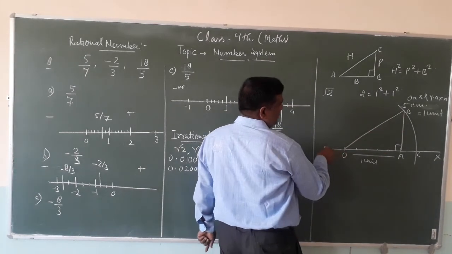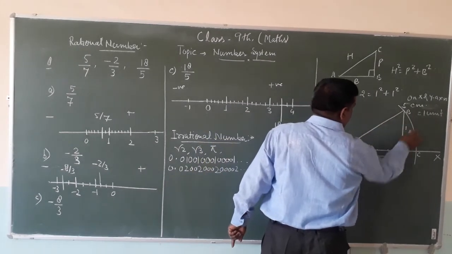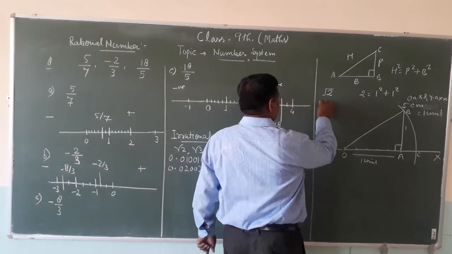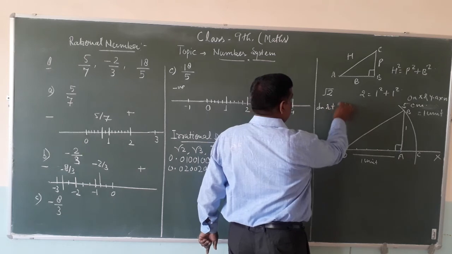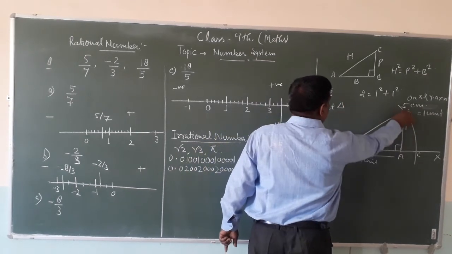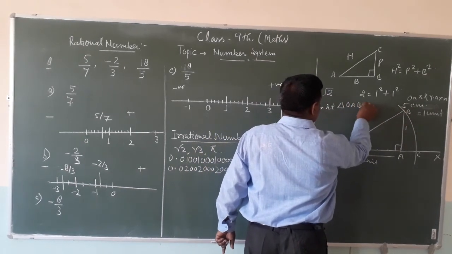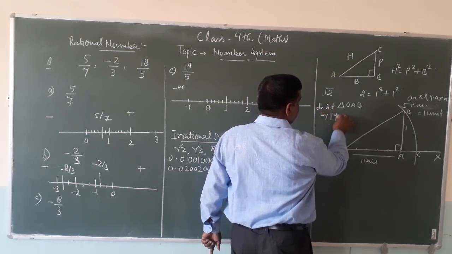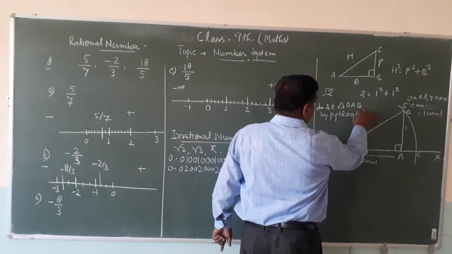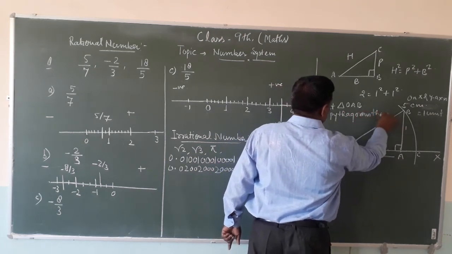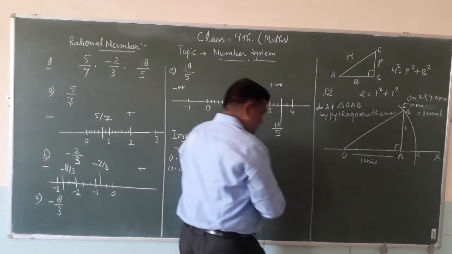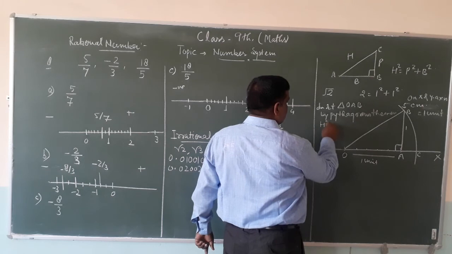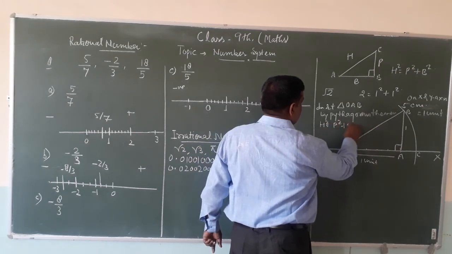So this is 1 unit and this is also 1 unit. So in right triangle OAB, by Pythagoras theorem, we can write h square is equal to p square plus b square.